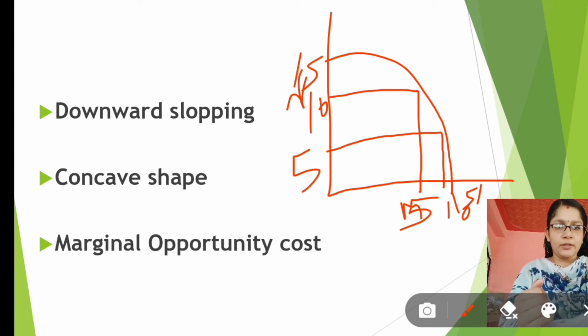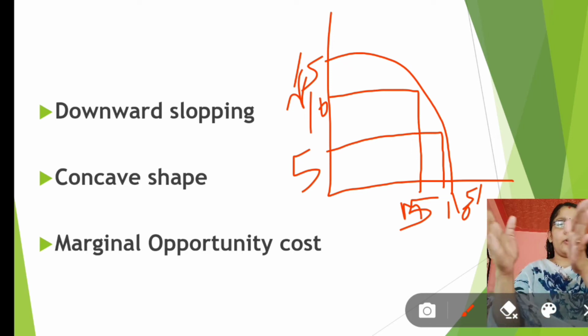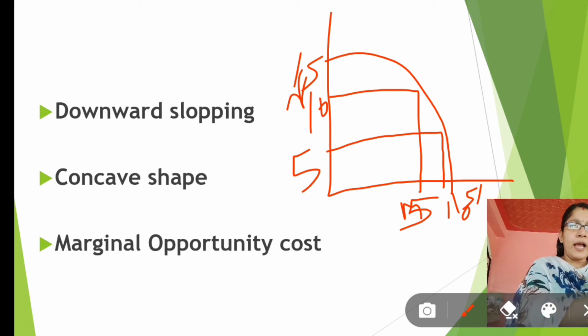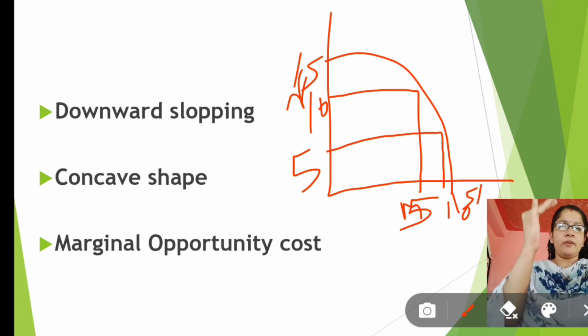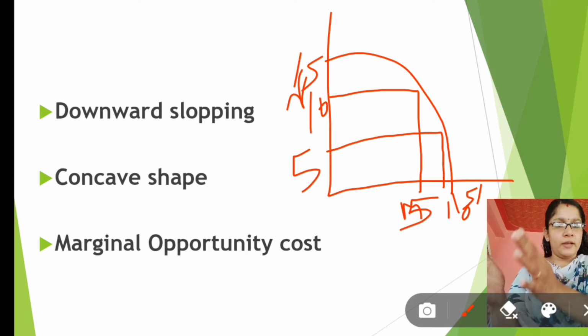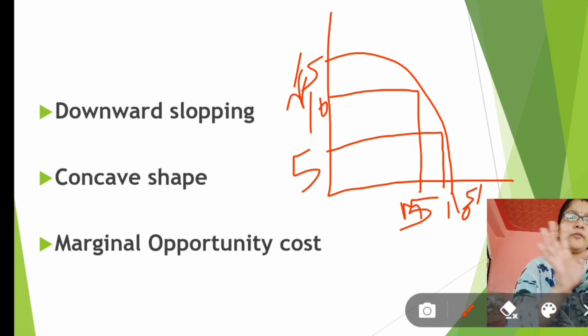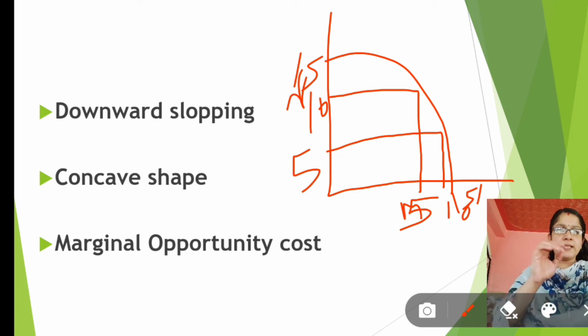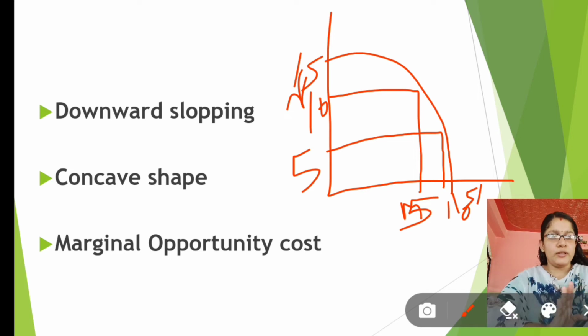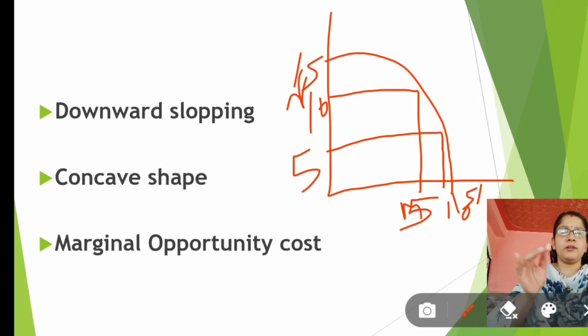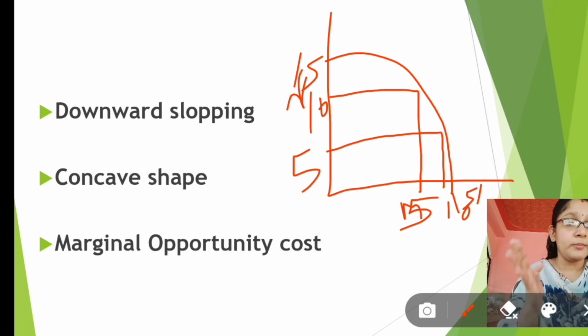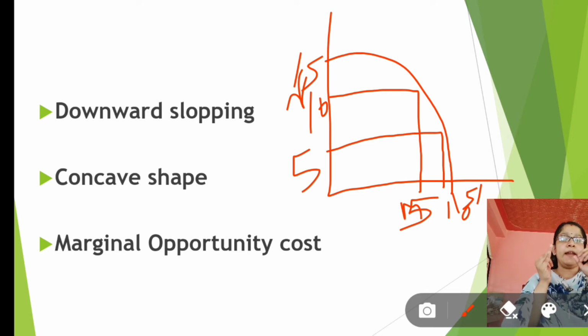Then the next combination, 10 amount of rice and 5 of mobile phone. And when we come down, 5 amount of rice and 10 of mobile phone. So these are the different combinations which an economy can produce of these two things. So a production possibility curve is downward sloping and concave shape.